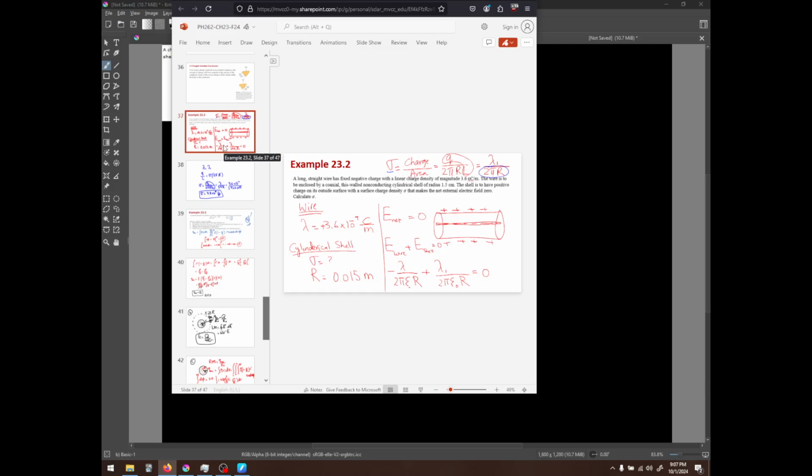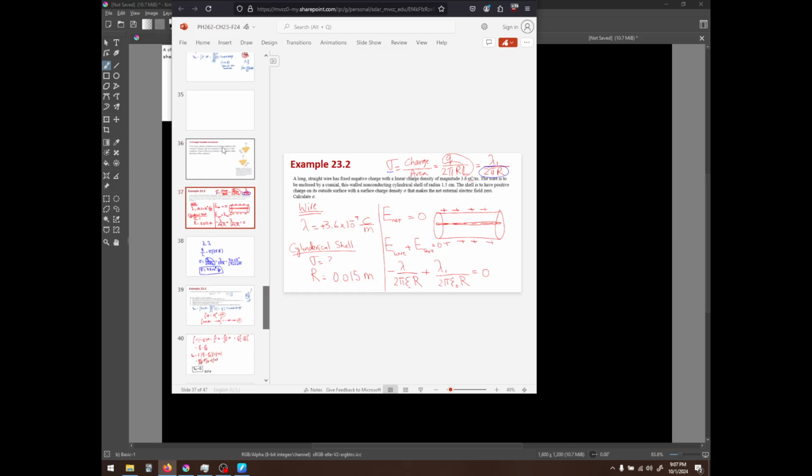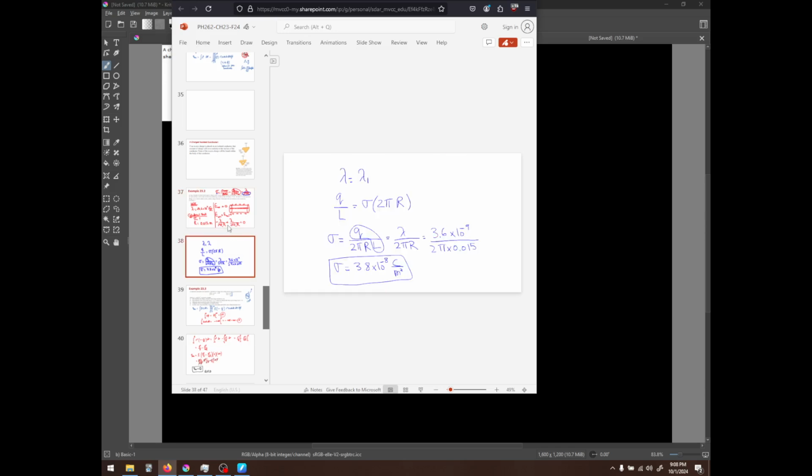I mean, that's pretty close. A wire and a rod. What is even the difference? This just has just an outer radius. They're not finding the electric field, are they? No.